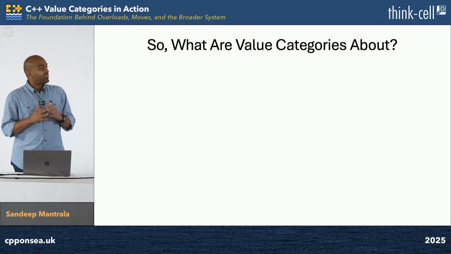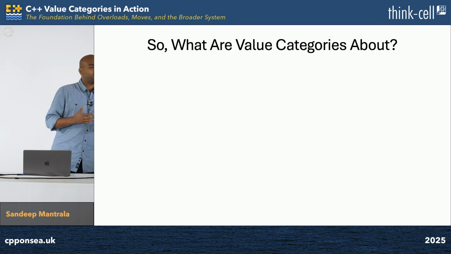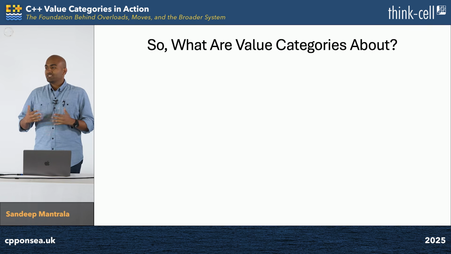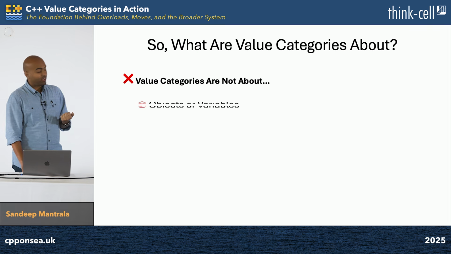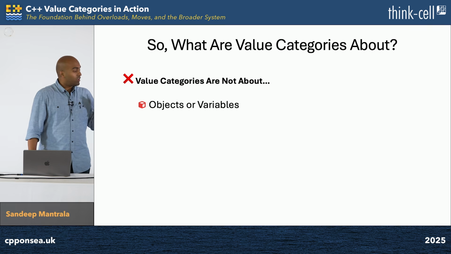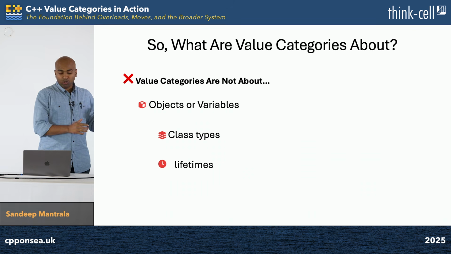So what are value categories really about? Any guesses? Are they about the objects, types? Let's check first what they are not about. They are not about objects or variables. They are not about the types. They're not directly about lifetimes as well.